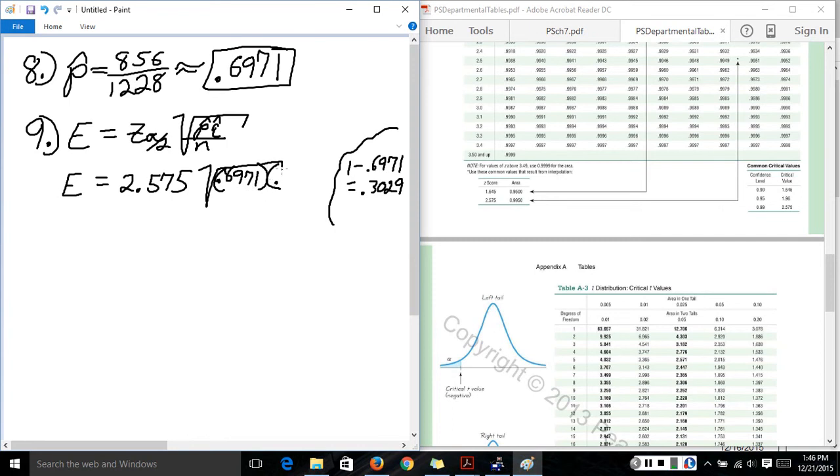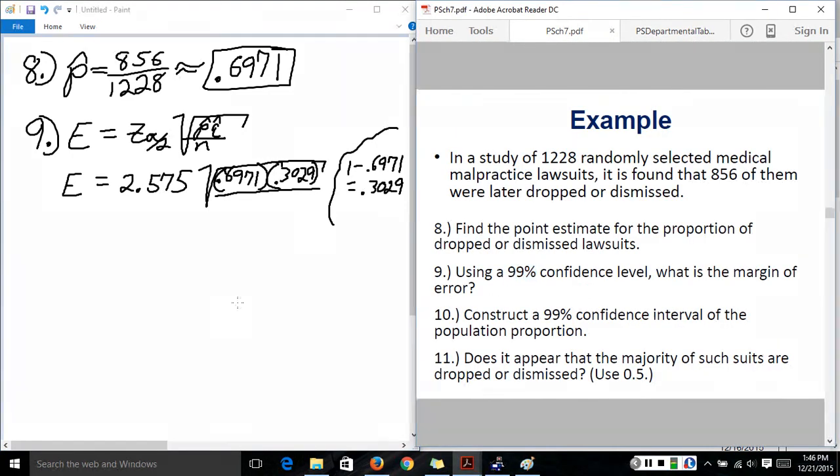So q hat is 0.3029. And I'll divide that by n, which is the sample size. In this particular problem, the number of lawsuits is 1,228.